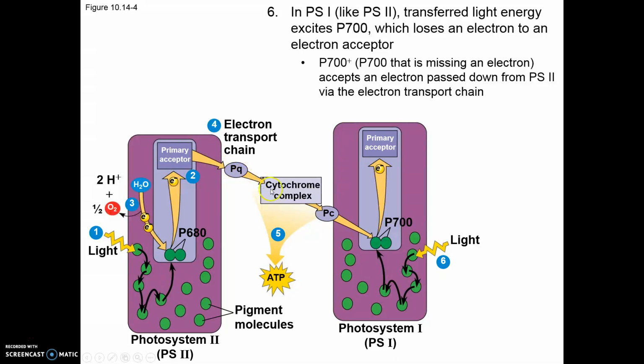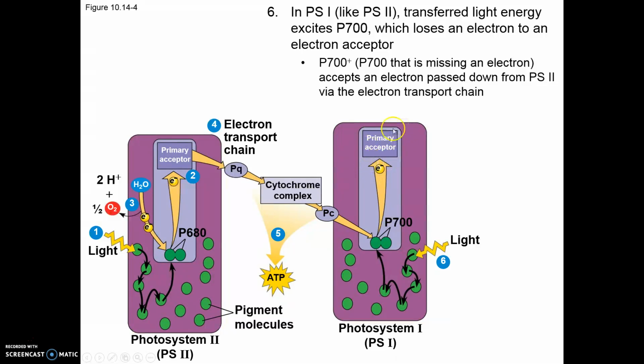Now, what then happens is that electron gets dumped onto photosystem 1. In photosystem 1, you have an analogous type of system, but light will shine onto it, and you will re-energize that electron.